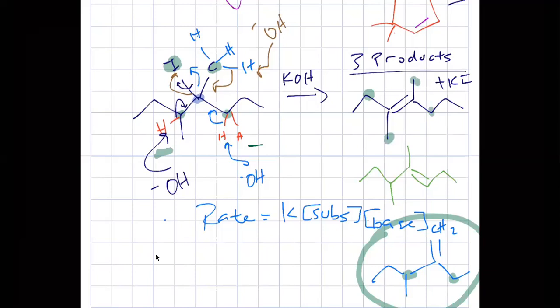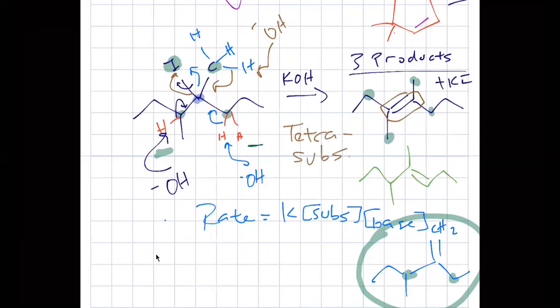You look at the carbon after you make the products. Here's my double bond. I'm looking at what's bonded to it. I've got 4 carbons bonded to that double bond, so this double bond is tetrasubstituted.